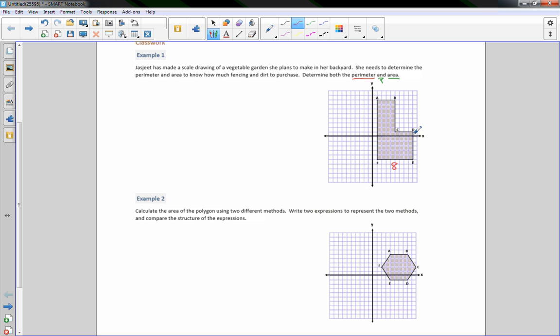DE line segment is 1, 2, 3, 4, 5, 6. So this is a length of 6. CD is 1, 2, 3, 4. And CB is 1, 2, 3, 4, 5, 6, 7. This is a length of 7. And AB is 1, 2, 3, 4.